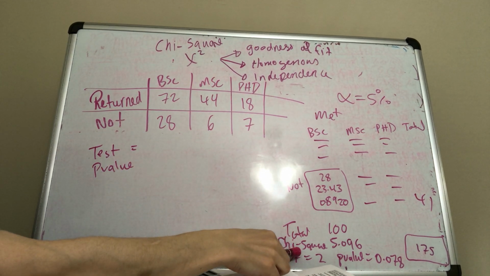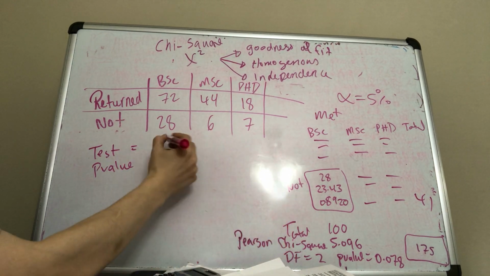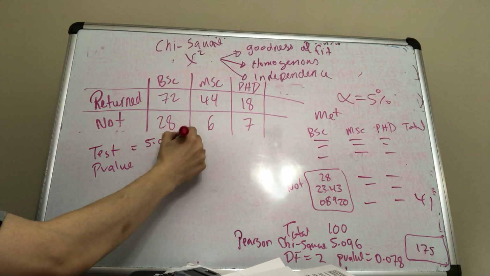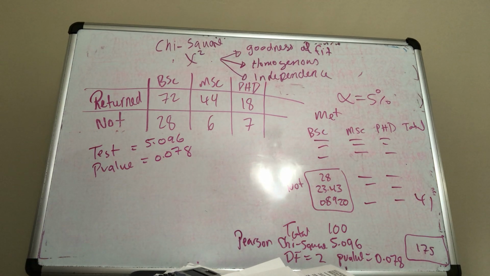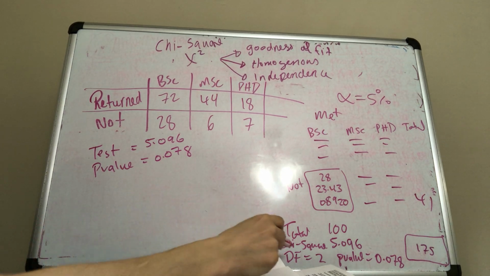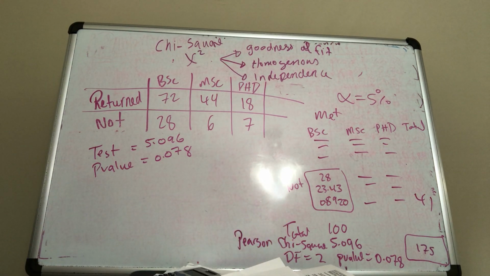I told you you only need the Pearson line, so the chi number is this, and the p-value is this. You'll see the degree freedom is 2. They might ask you in the question how to find the degree freedom.